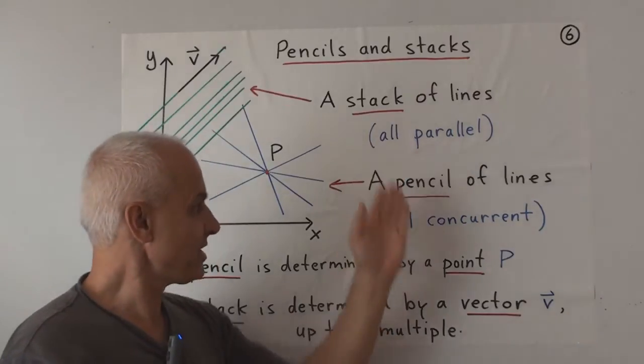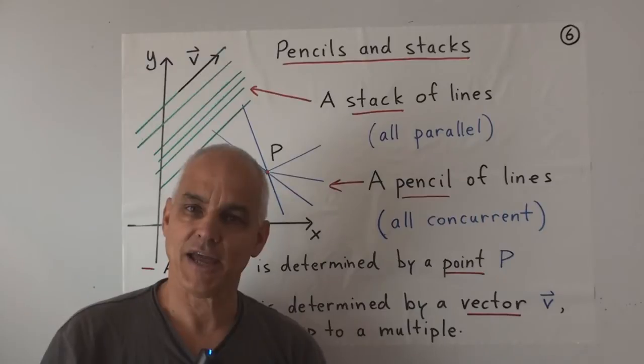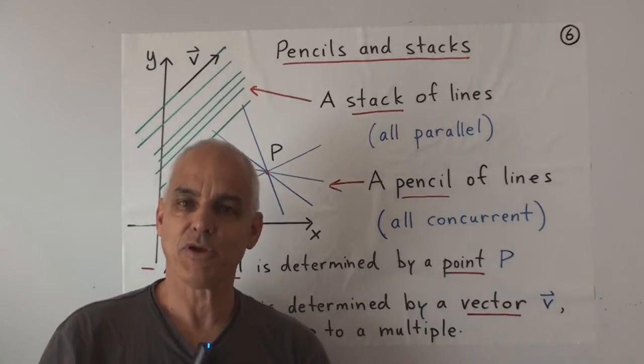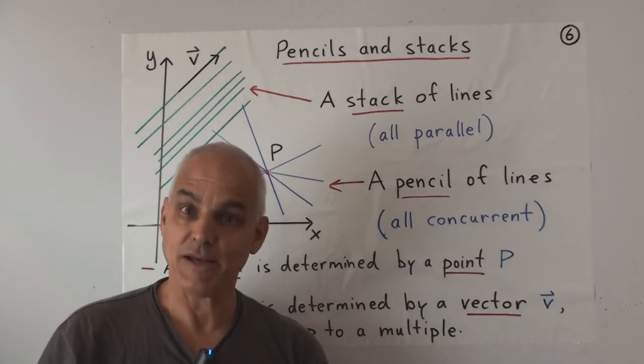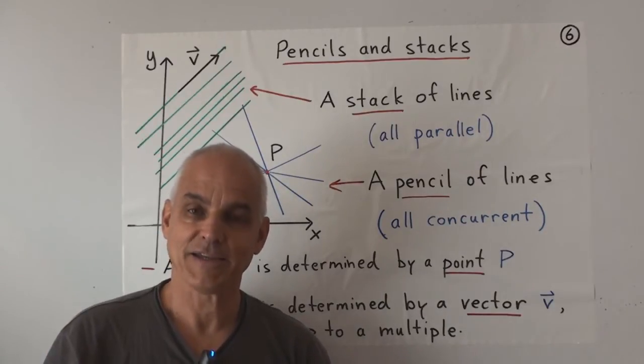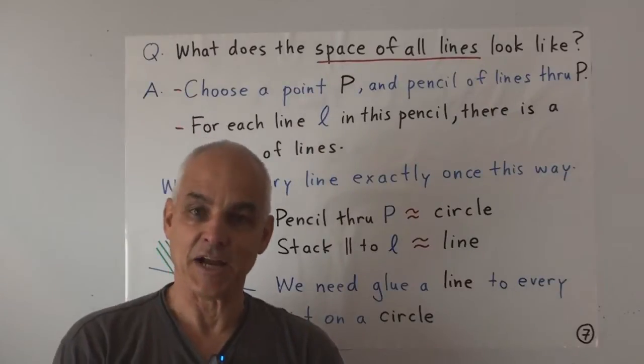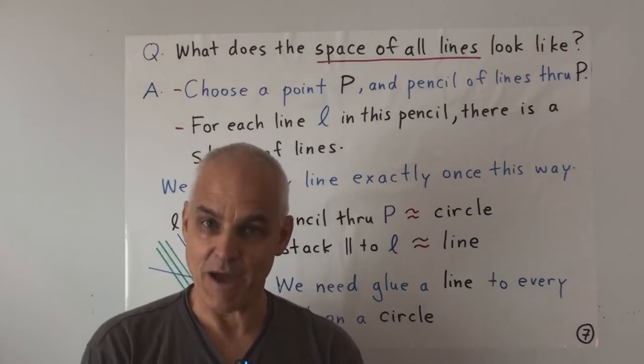And now in terms of this terminology, we can ask and answer a very interesting and somewhat unfamiliar question, but one that I think many students will really appreciate seeing. The question is, what do all the lines in the plane look like? This is a kind of guiding principle when you're studying mathematics.